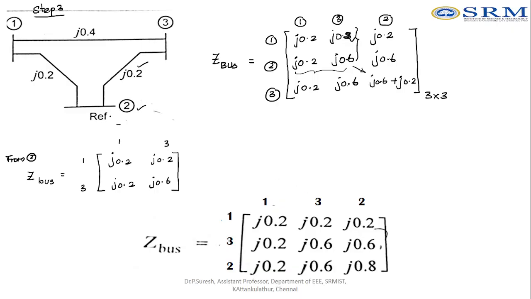See here, the reference is bus number 2. So this column and this row should be eliminated. Elimination is not simply removing the values; after removing the row and column, we are going to modify the matrix. After modification, we are going to have a 2 by 2 matrix. Right. So how is it formed?